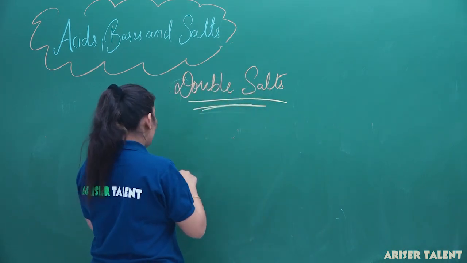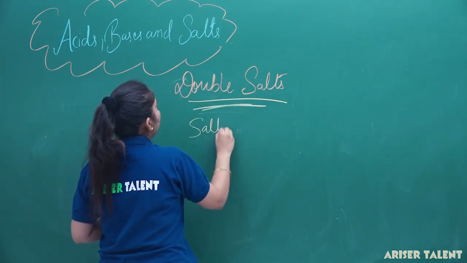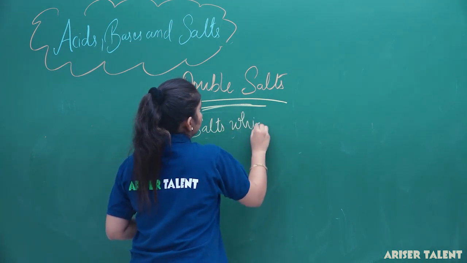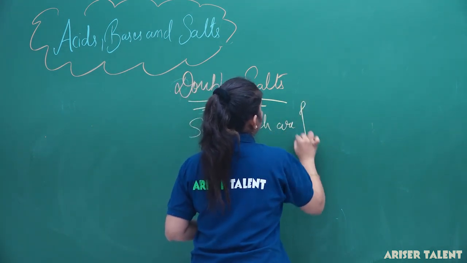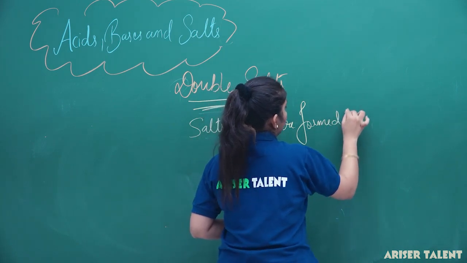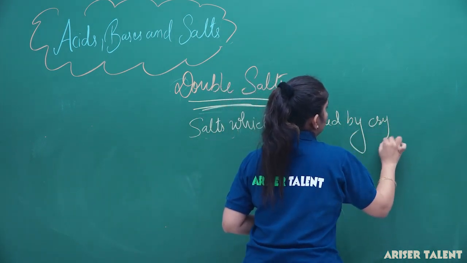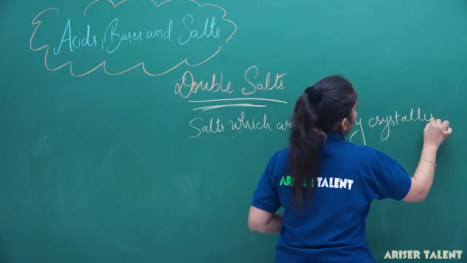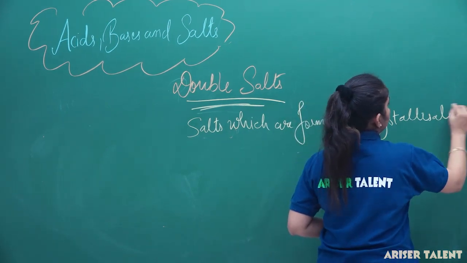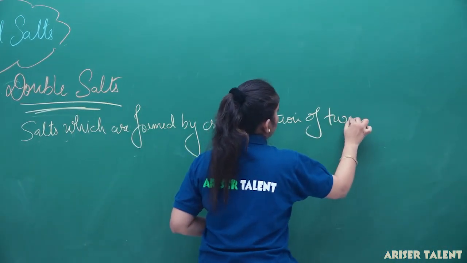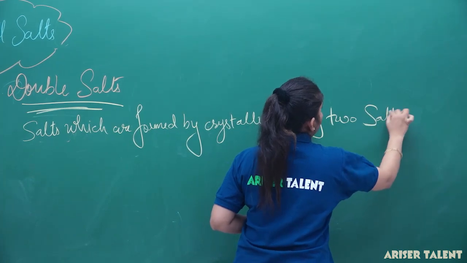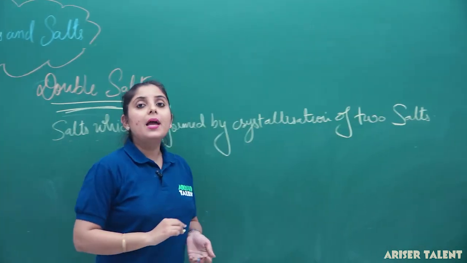So what is a double salt? The salts which are formed by crystallization of two salts. Now, have you heard the term alum?